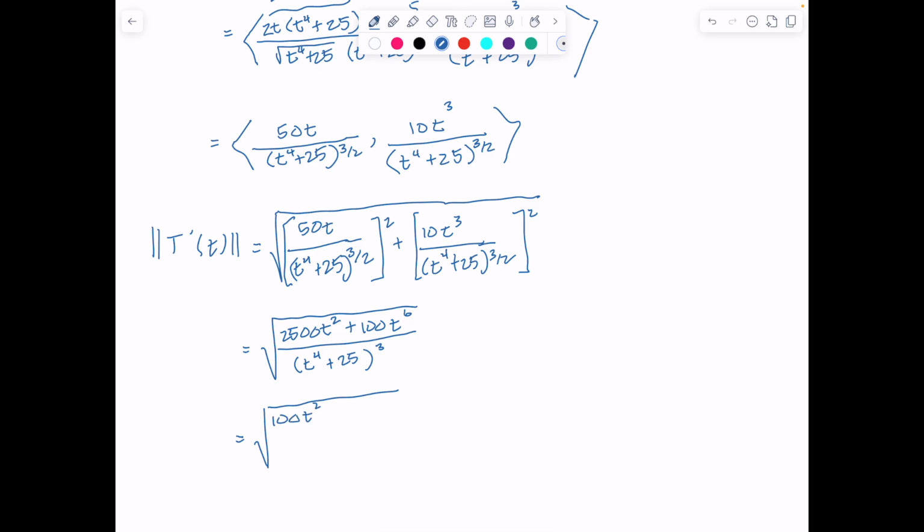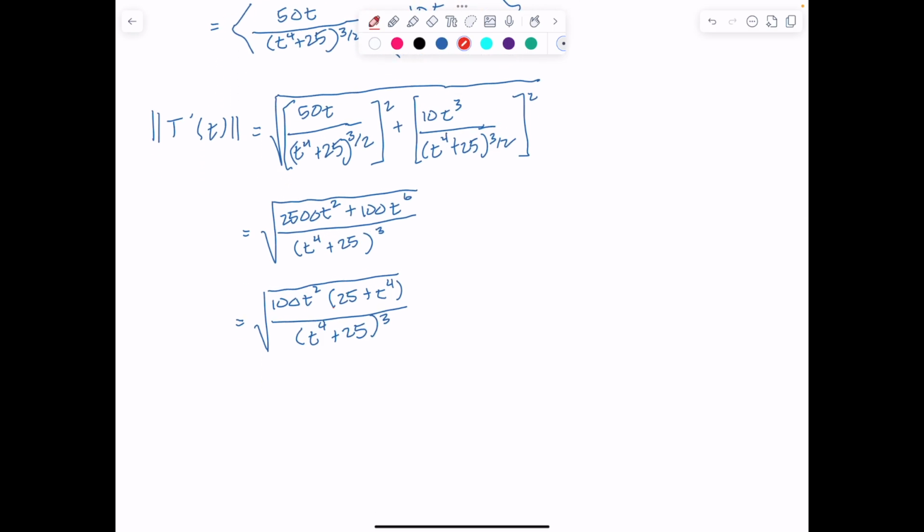I'll be left with 25 plus t to the fourth, and look at that, that's what we have in that denominator.